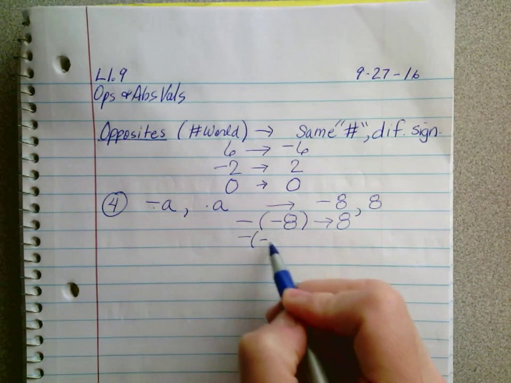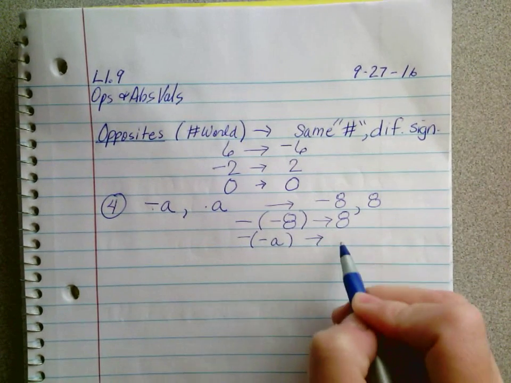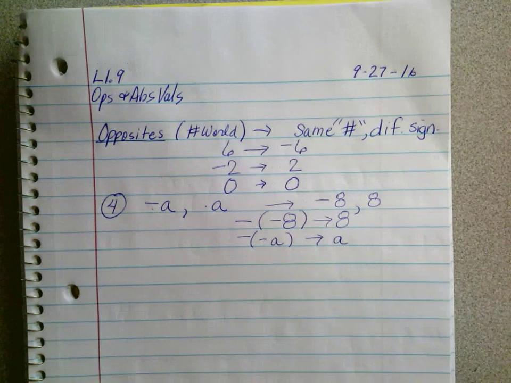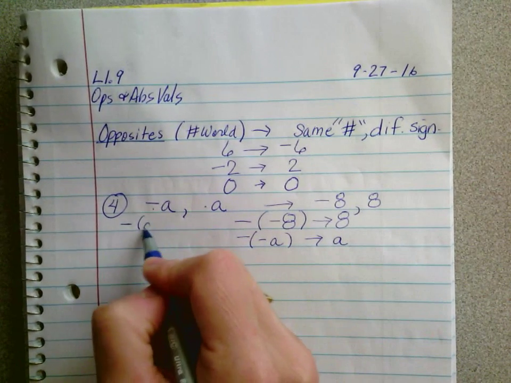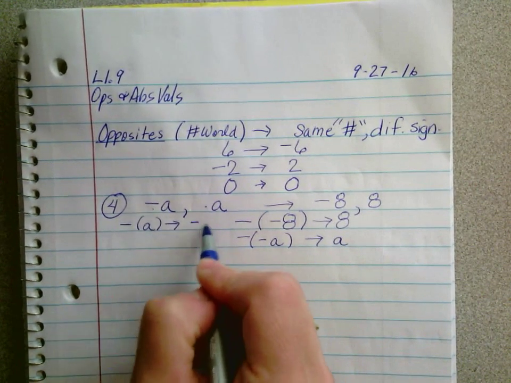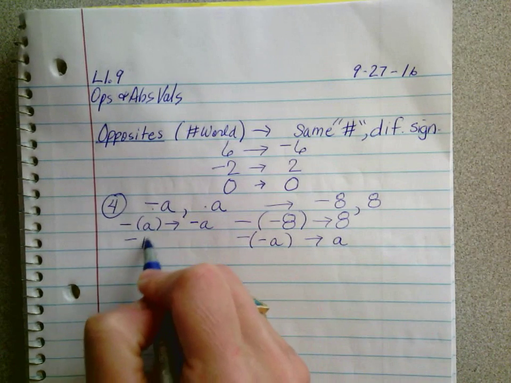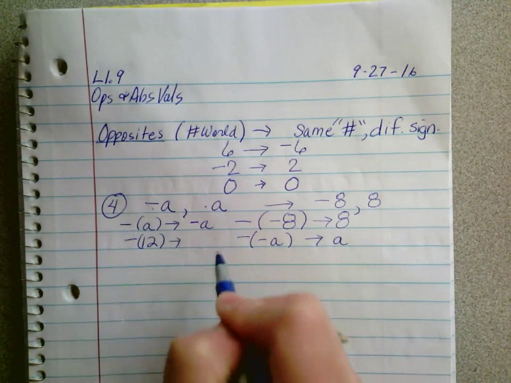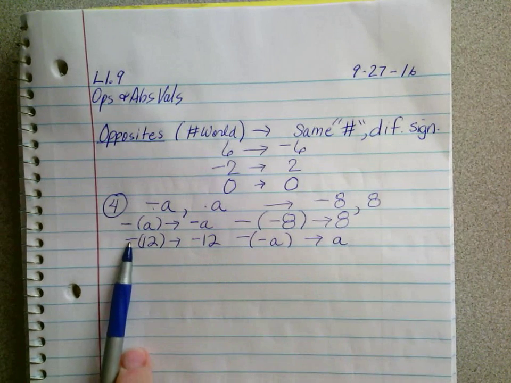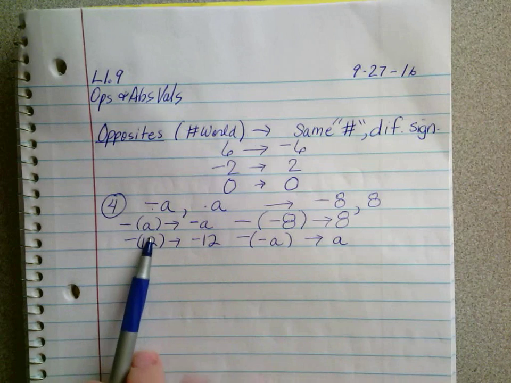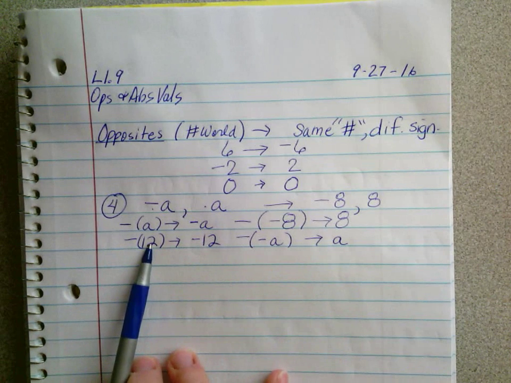The opposite of -a is the positive. I could do it also by saying the opposite of a is -a. The opposite of 12 is -12. Okay? The opposite of that +12 is protected in the parentheses. That's all they're saying there.